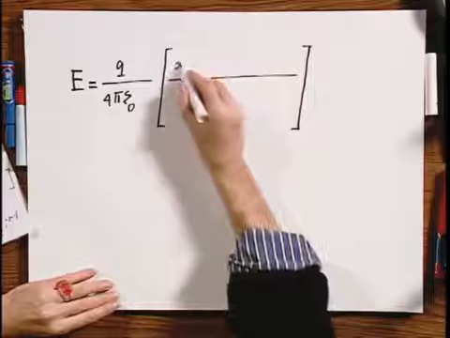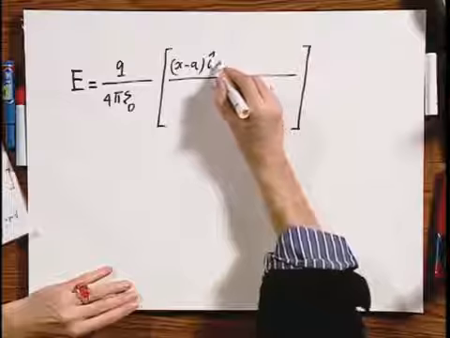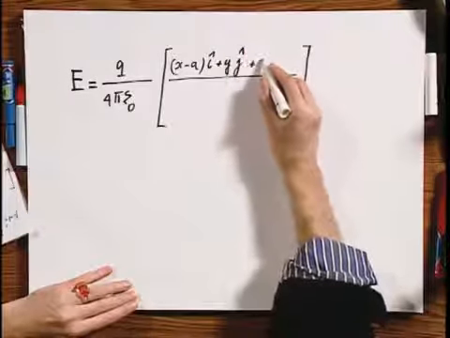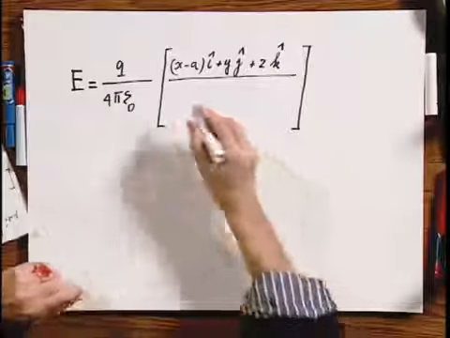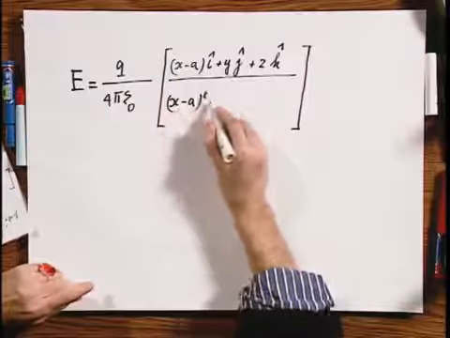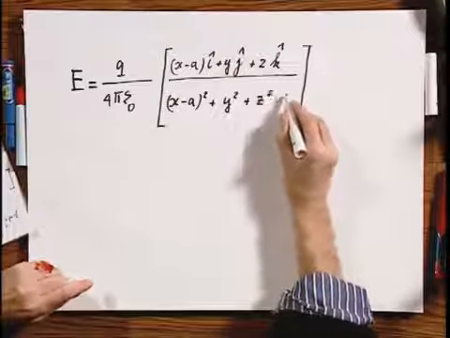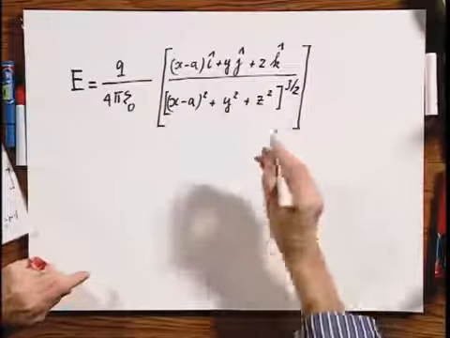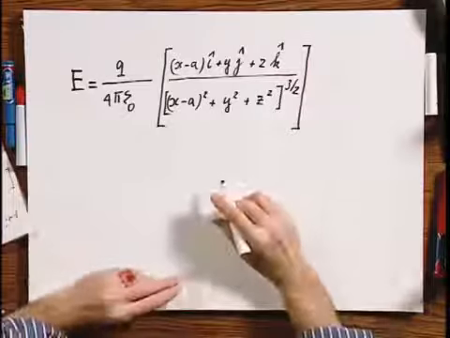I get x minus a times the unit vector in the x direction plus y times the unit vector in the y direction plus z times the unit vector in the k direction. And downstairs, I get x minus a squared plus y squared plus z squared to the power 3/2. That now is the complete contribution only from the charge at point B.